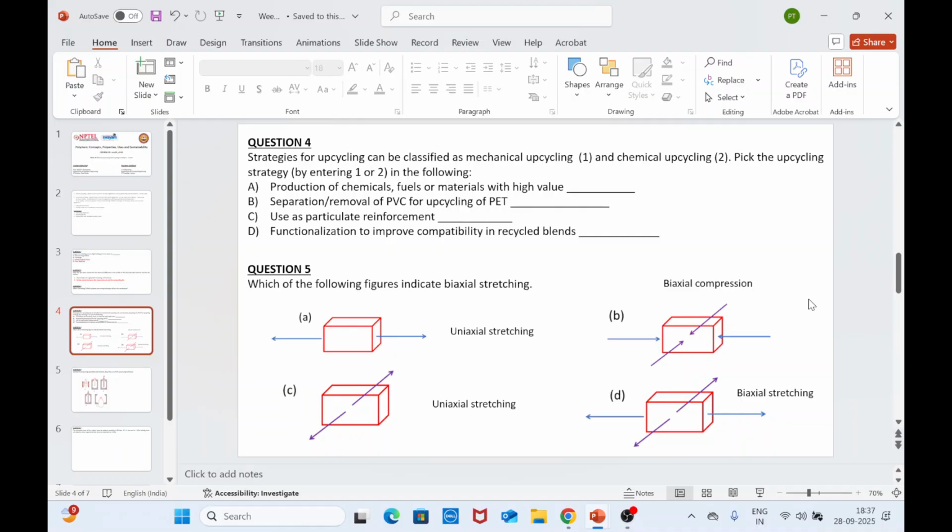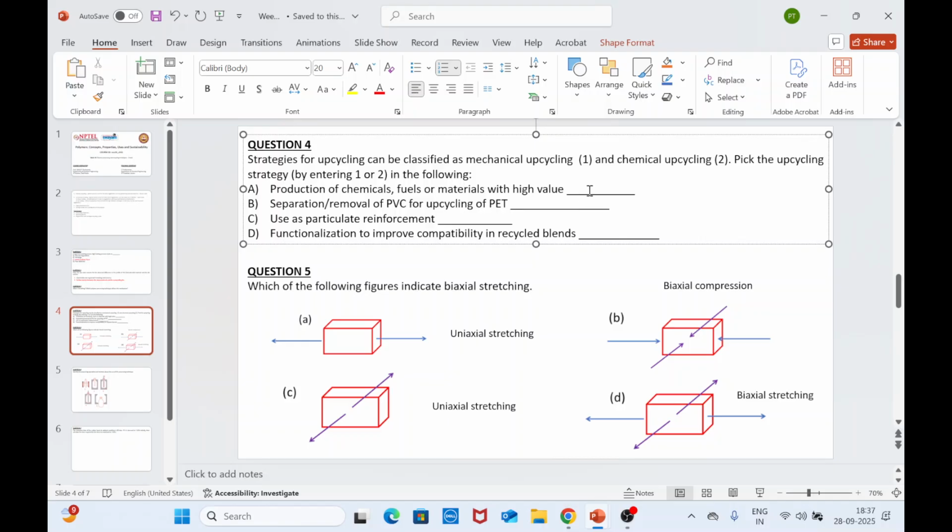It is chemical upcycling. You are trying to produce chemicals and fuels using these plastic products. What about B? Separation or removal of PVC for upcycling of PET.